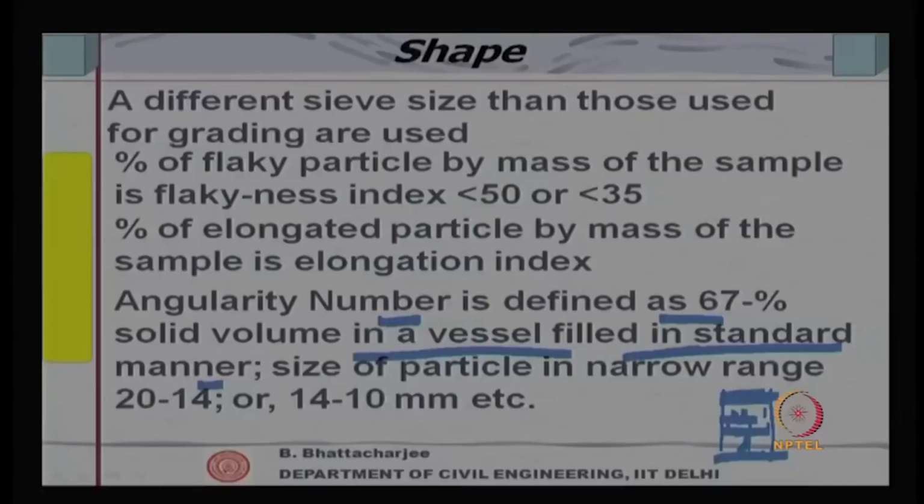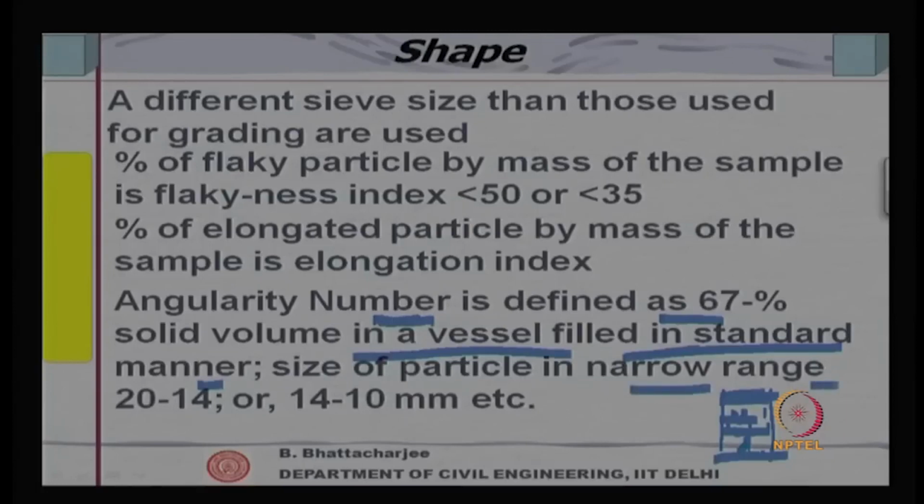These sizes are specified in the code. When you use a specific size and pack it in a standard manner, you find out the volume of solid after packing, and 67 minus that volume will give you the angularity number.